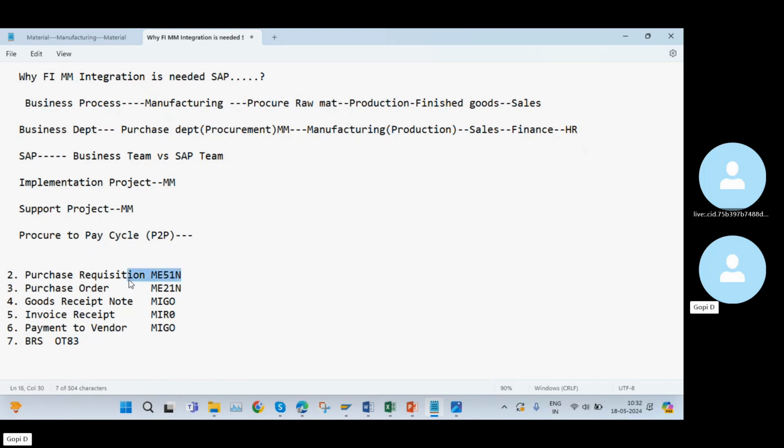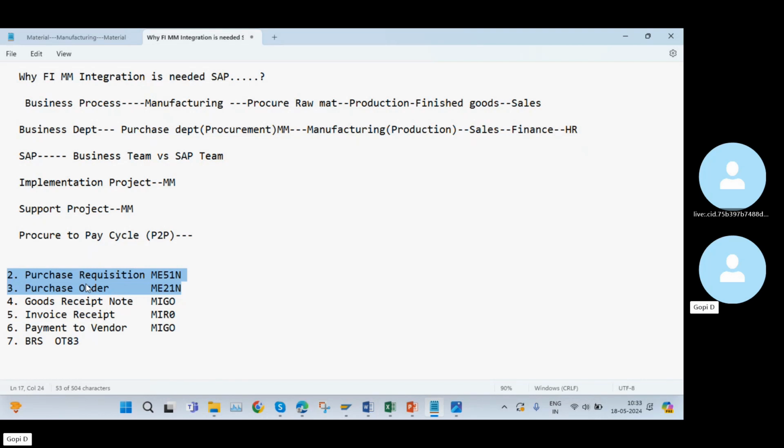Especially at the time of purchase requisition or purchase order, there is no accounting part involved in these two places. That is the reason we don't have any general ledger entry appearing from the finance point of view at these two places. Please try to remember this.